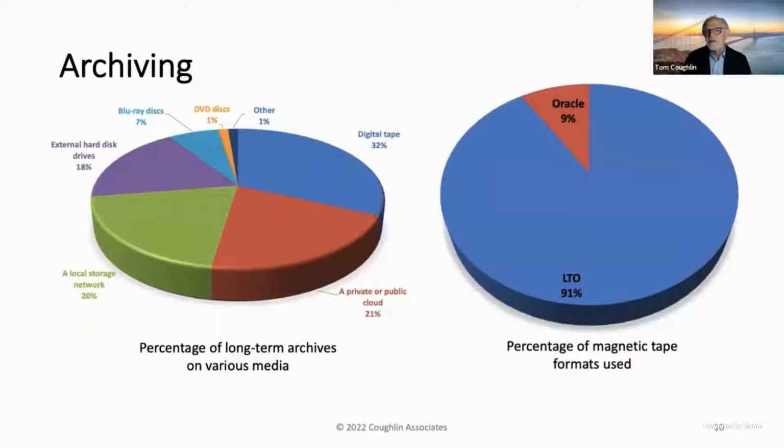On archiving, the options available for archiving media to store digital content depend upon the preferences and existing infrastructure of a digital archive facility. Digital tape was the most common storage media at 32% of our survey participants in 2022, followed by private or public cloud at about 21%, local storage networks at 20%, and external storage at 18%.